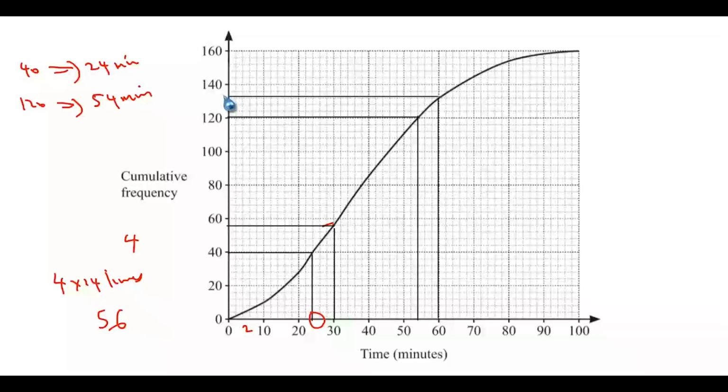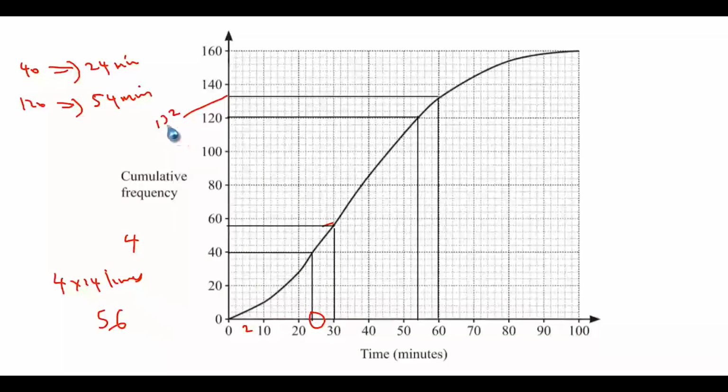These people here, that is 100 and let's see, 1, 2, 3, 4. So that's 1, 2, 3. So that is 4 times. The value of a line here is 4. 4 times 3, that is 12. So 12 plus 120, 132. So that means for exactly 1 hour here is 132.